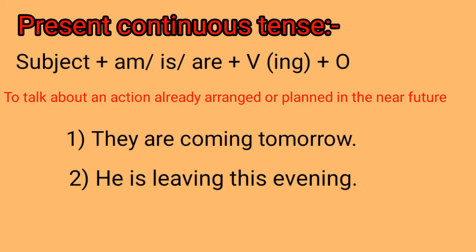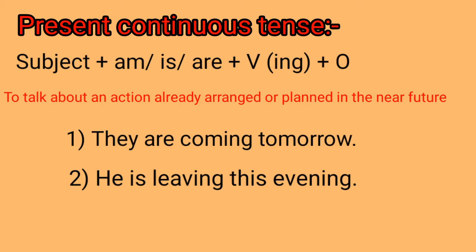Again, we are talking about the evening which has not arrived, meaning we are talking about a future action, and the action of leaving is planned or arranged. Now try to make more such examples and practice them, and try to use such examples in your day-to-day life. So this way you can use present continuous for making statements.